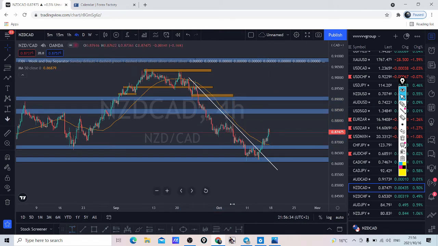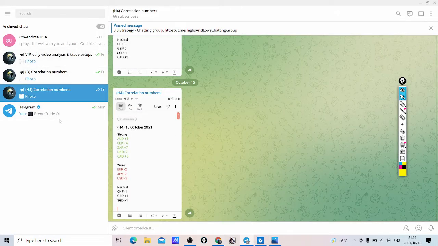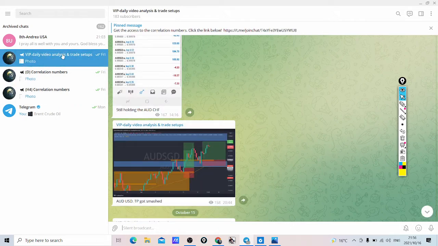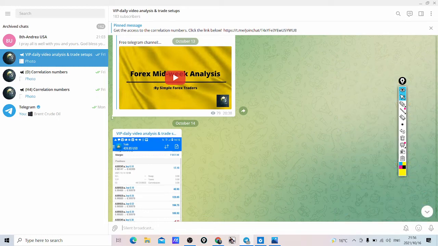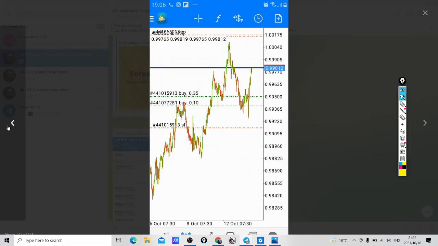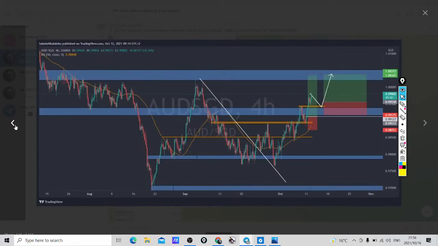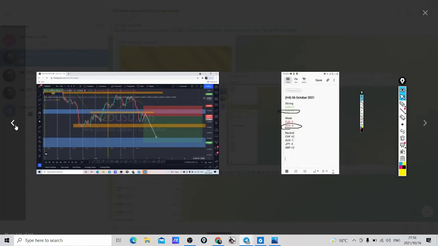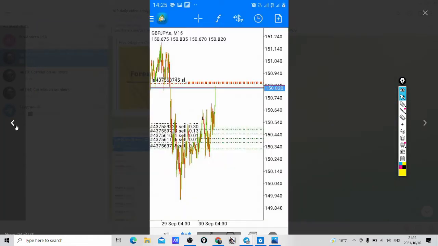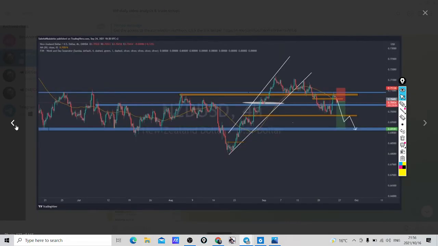And the signal was given also. Everything that I share here, I give the signal before or after I do the analysis. I give the signal. Even NZD, it's NZD USD, if I'm not mistaken. Where is the NZD USD?